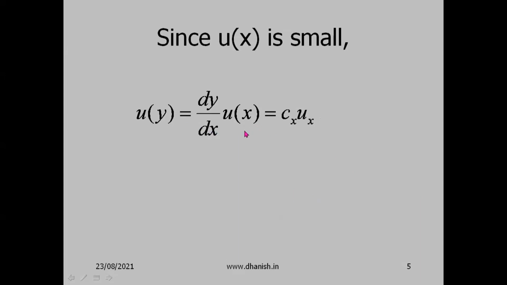This notation you are familiar with, but now we will add another notation used especially in metrology, in the GUM. So Cx into u of x. Cx stands for coefficient of sensitivity of x. So dy by dx is the same as Cx.